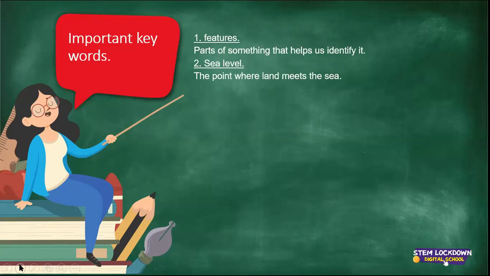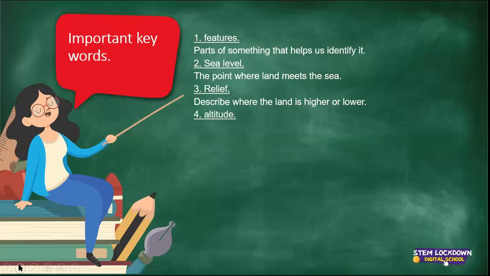And then we also have relief. A relief describes where the land is higher or lower. So a relief will tell us where the land is higher or lower. And then altitude is the height that a place is above sea level. So altitude is the height that a place is above sea level.